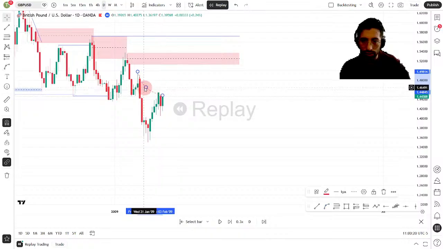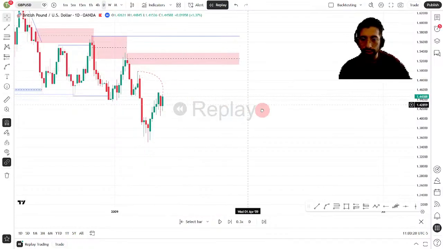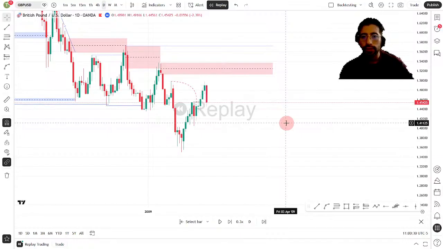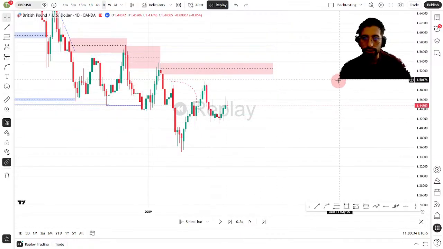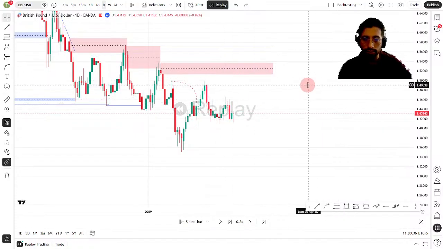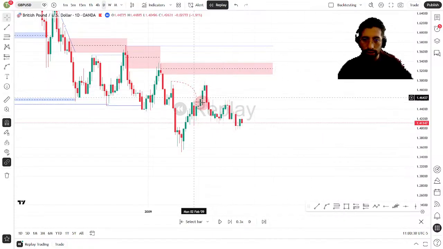Look, these are some highs that can be mitigated by the price. Yep, these highs can be mitigated by the price at any point. It's really close, we didn't enter. Still liquidity accumulated. I mean, this is still liquidity.